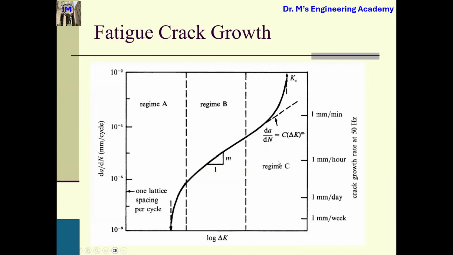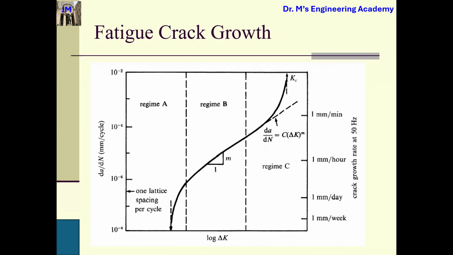And fatigue crack growth. I talked about this last time. We have three stages: first stage, second stage, and third stage. The second stage is on this log-log plot, this is delta K, and this is da/dN. This one is almost a straight line, and it can be described by this equation, which is named after Dr. Paris.